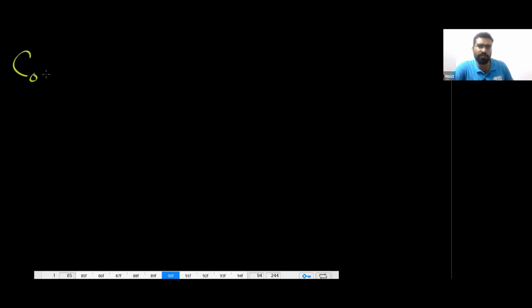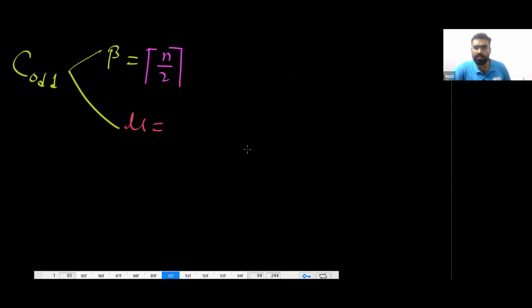For example, if you have C odd, then what will be beta? Beta means vertex cover. The vertex cover will be n by 2 ceil, and mu will be n by 2 floor. So I want beta equal to 2 mu.